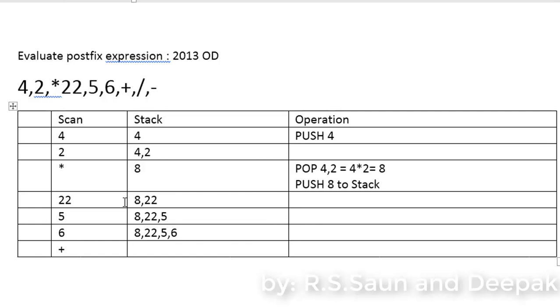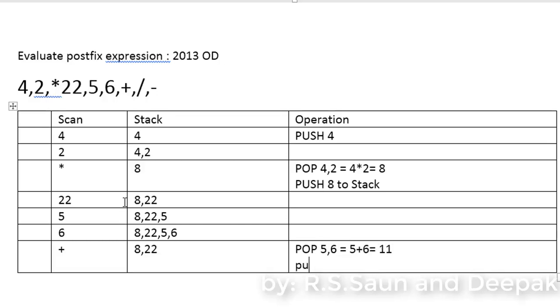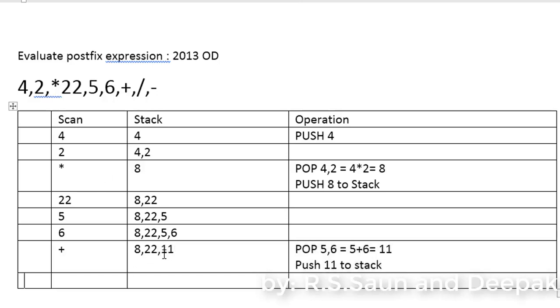Then plus. Since plus is an operator, you have to pop 2 elements, that is 5 and 6, and evaluate it. So 5 plus 6 is equal to 11, and push 11 back to the stack. So my status becomes 22, 11.